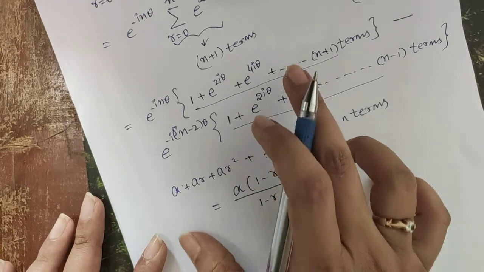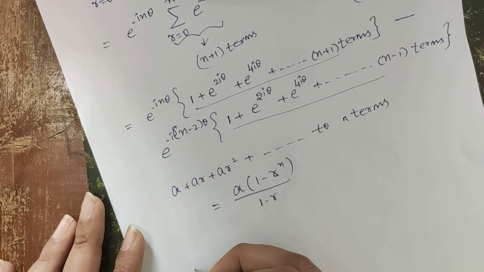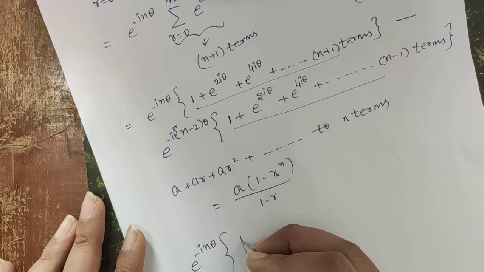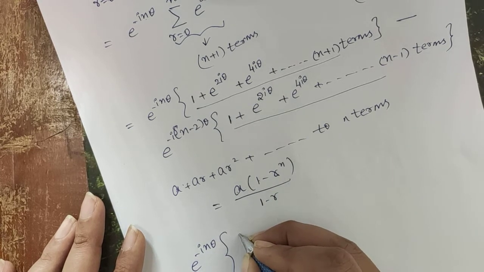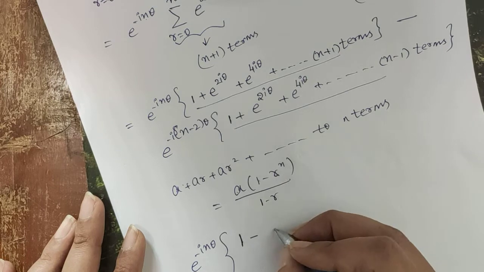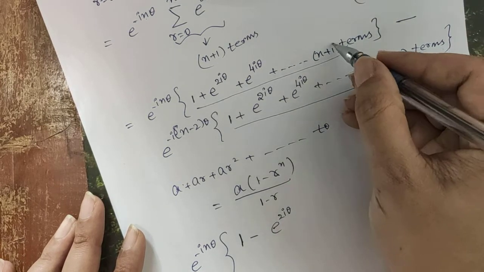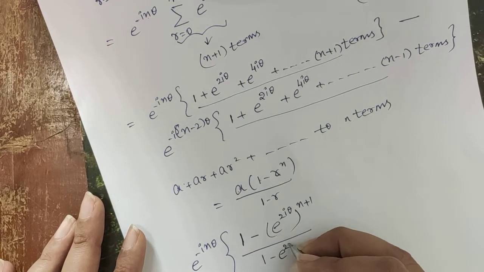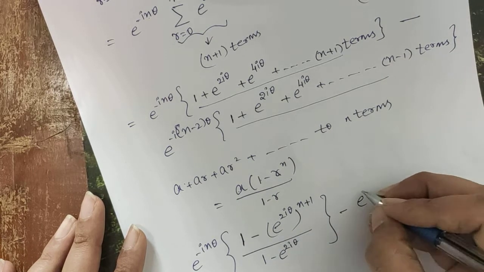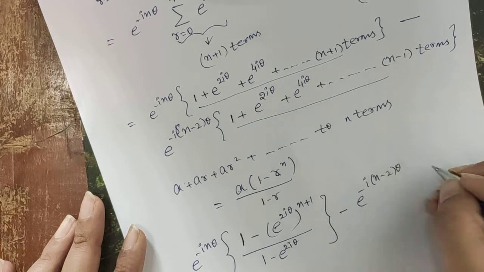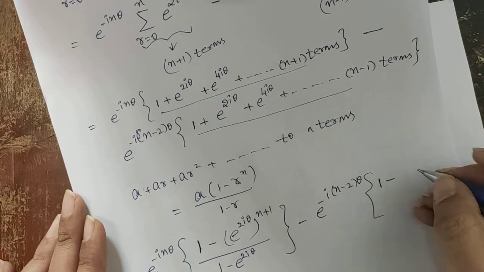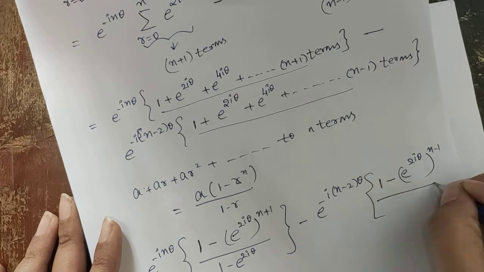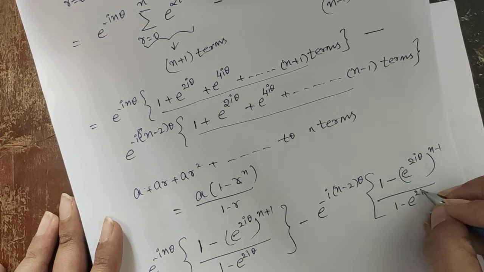So using this formula, we can write these two terms as e power minus i n theta into first term is 1 into (1 minus common ratio e power 2 i theta, we are considering n plus 1 terms) whole divided by 1 minus e power 2 i theta, minus e power minus i(n minus 2) theta into (1 minus e power 2 i theta) whole power n minus 1 divided by 1 minus e power 2 i theta.